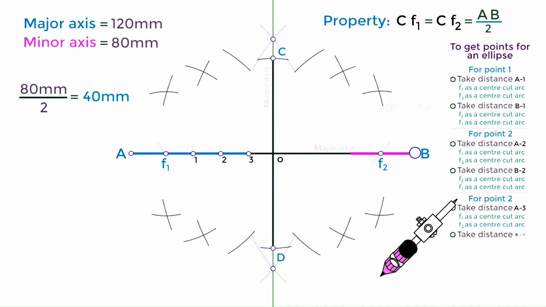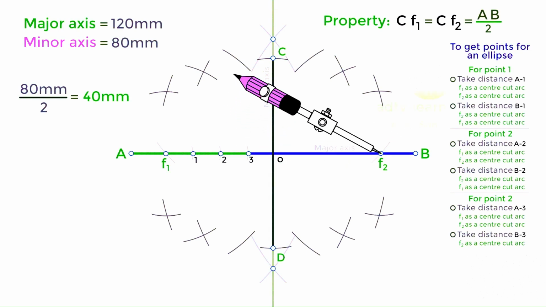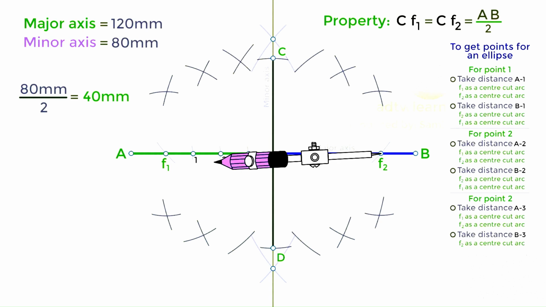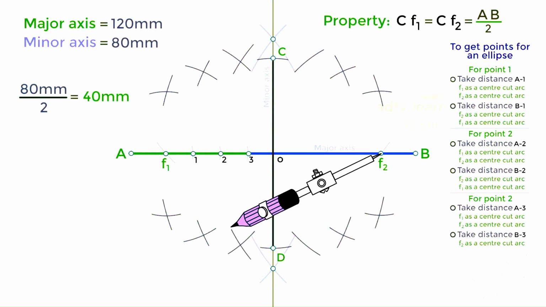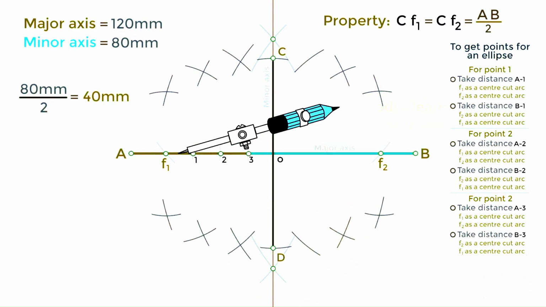Next, take the distance between points B and 3, and use F2 as the center, cut arcs on both sides. Using the same length, take F1 as the center and cut arcs on both sides.